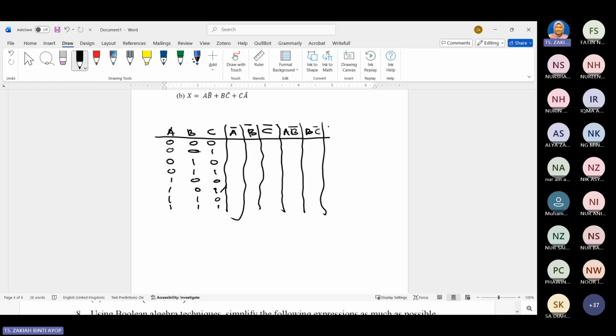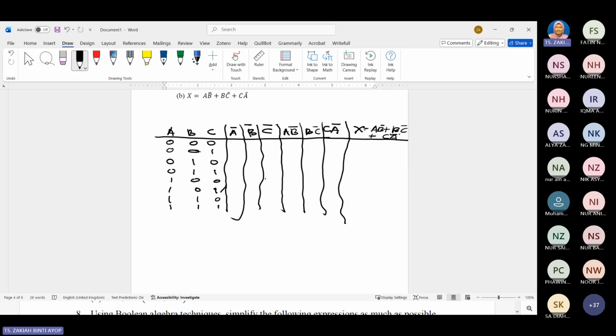And then C A bar. It's basically the same thing as A bar dot C, but you can just do that, whichever you prefer. And then lastly, you combine all: X is equal to A B bar plus B C bar plus C A bar, and then now you combine it.